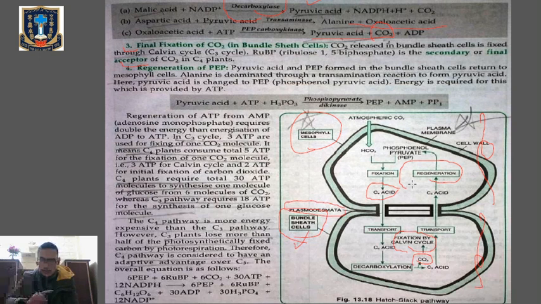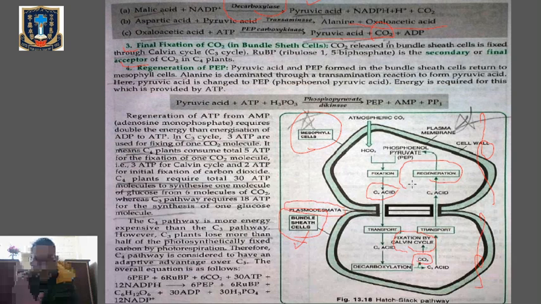Because in the C3 pathway, 3 ATP molecules were being utilized. But here in the C4 pathway, 3 ATP for the Calvin cycle and 2 ATP for the initial fixation of carbon dioxide take place. So how many ATP are utilized? 5 ATP is utilized. One more time I'm saying that in the C3 pathway 3 ATP were utilized for the fixation of one carbon dioxide, but in the C4 pathway we require 5 ATP molecules.